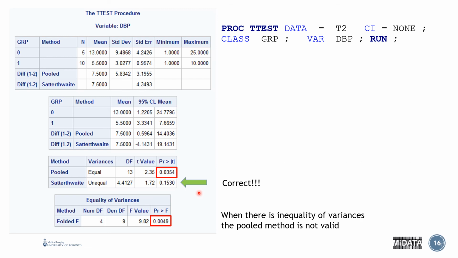So that's the reason there is a choice: you obviously want to get the best estimate possible whenever you do a test. And so if you know that the variances are equal, then you should be using the pooled variance technique. And if they're not equal, then you just use Satterthwaite.